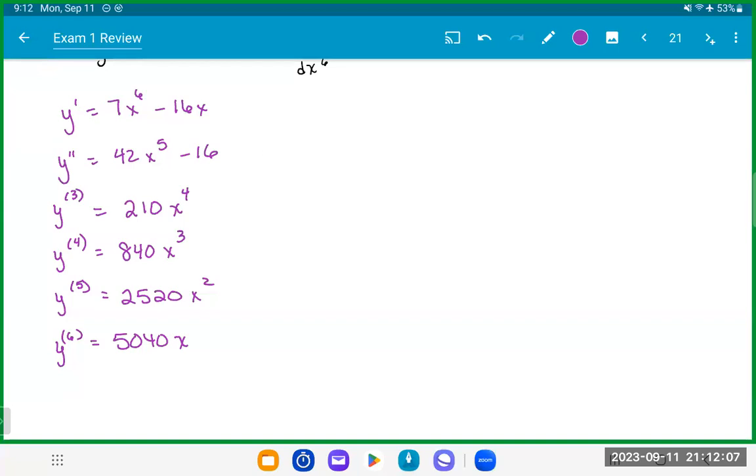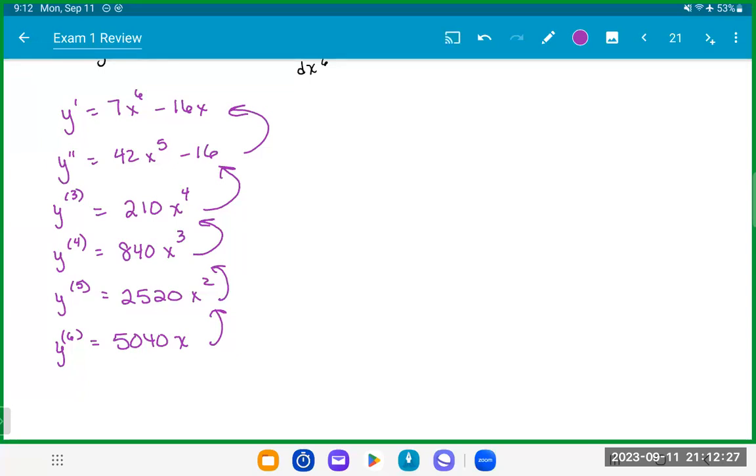Remember, the second derivative is the derivative of this. The third derivative is just the derivative of this. The fourth derivative is just the derivative of this, and so on. Does that help?